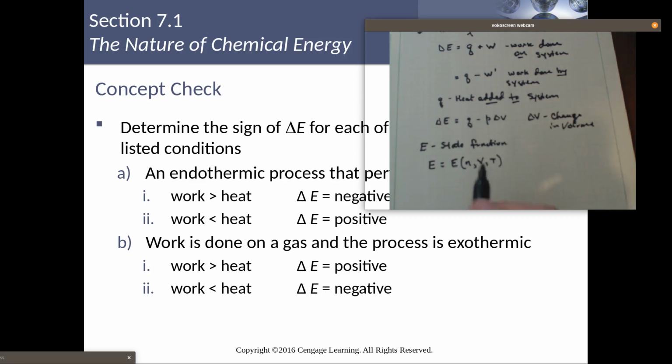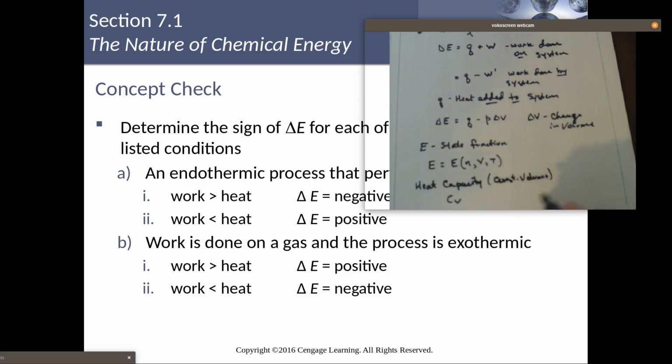and so on. And if I were to ask myself, well, how much does the energy change as I change the temperature? You would have to define something that's called the heat capacity at constant volume, which we'll call CV.